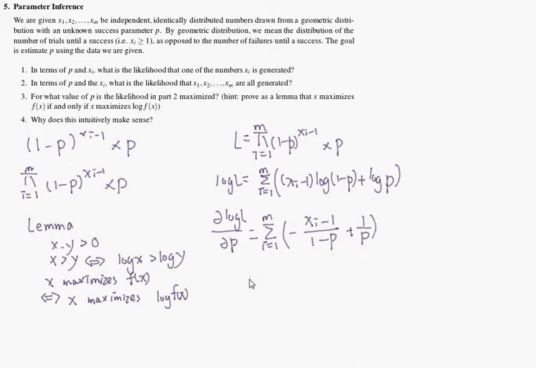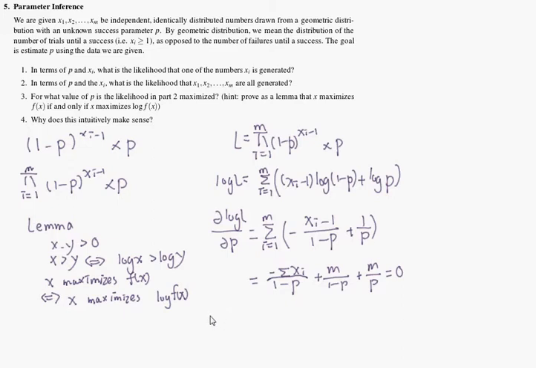And we can rewrite this as minus the sum of xi, where the sum is from 1 to m, over (1 - p), plus m over (1 - p), plus m over p. And we define this as 0, so we can try to solve the value of p.